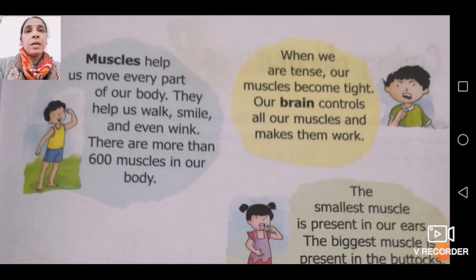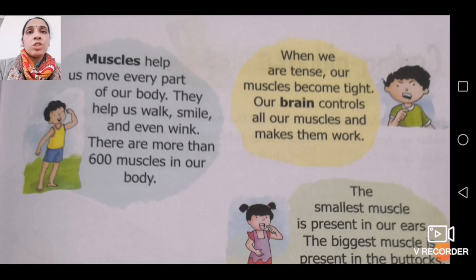Muscles help us to walk, smile and even wink. Now there are more than 600 muscles in our body. Now about bones, we have 206 bones in our body.